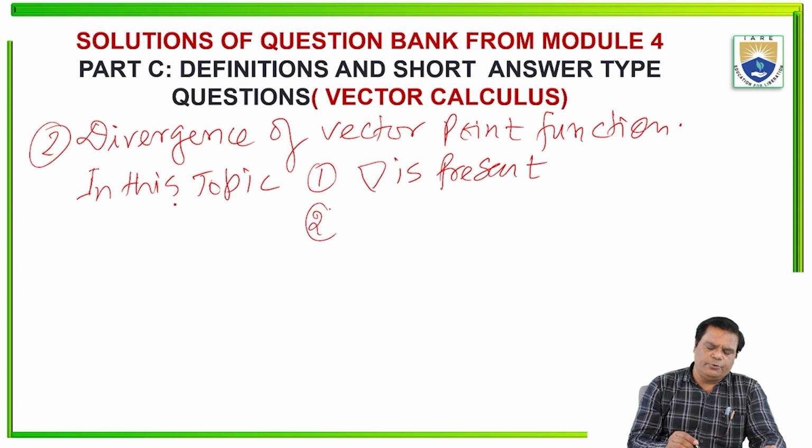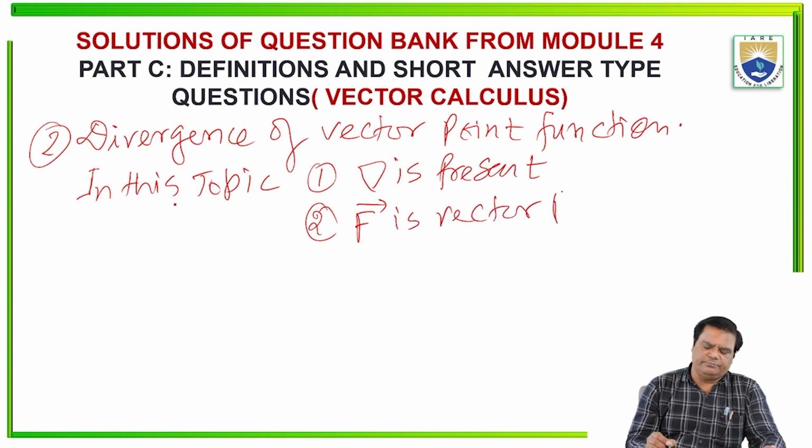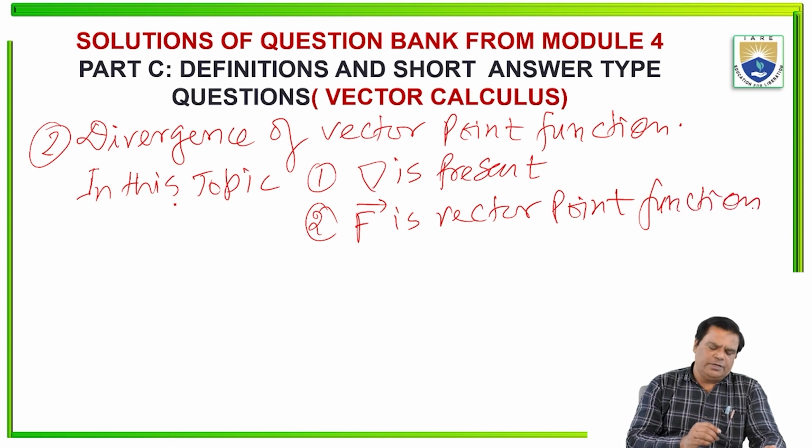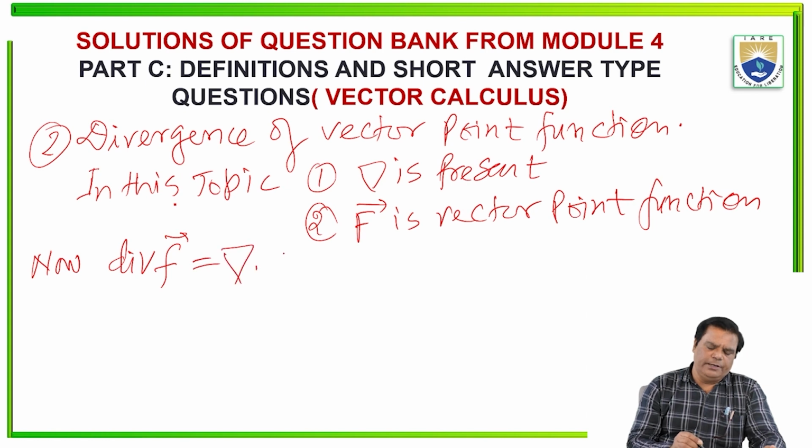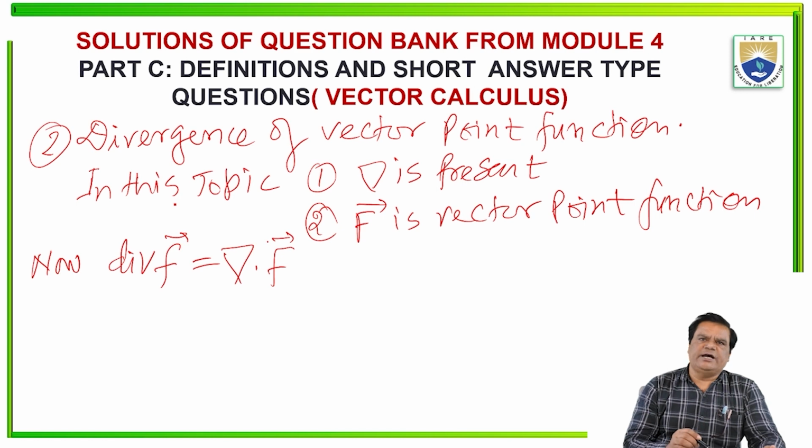Number two, f is a vector point function. Now taking the divergence of f, divergence f equals del dot f. This is the divergence of a vector point function.